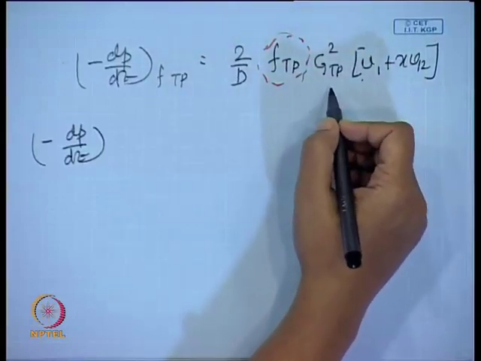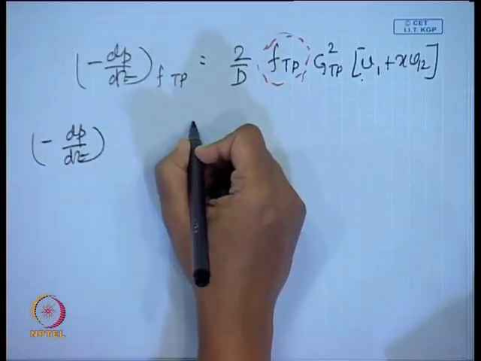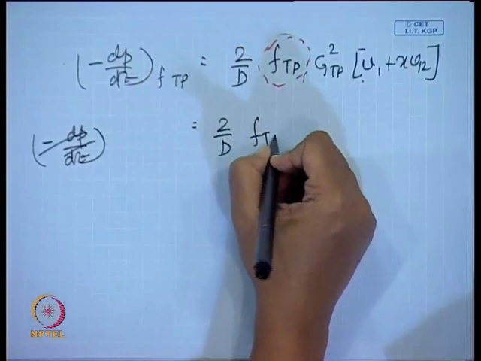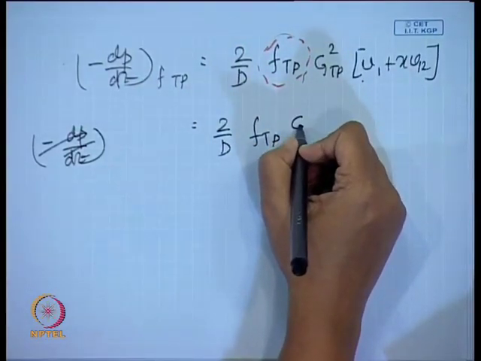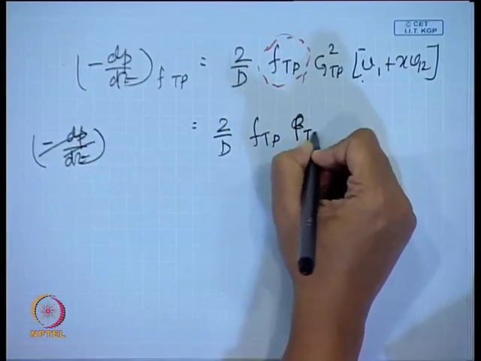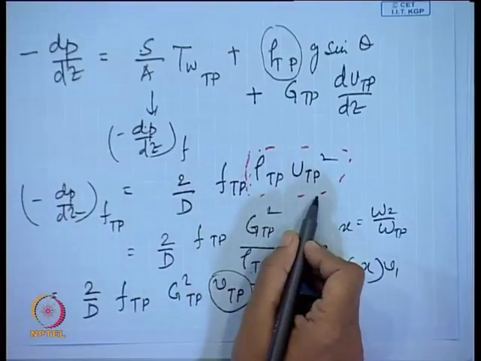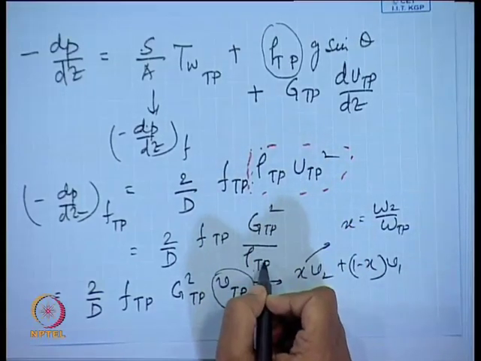Acha, there is one other form by which also we can derive it. Before I do this, I had started it with rho TP u TP square. Okay, if you see from where I had started it, I had then substituted it in terms of G square by rho.